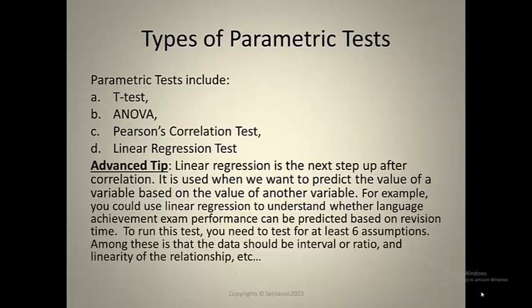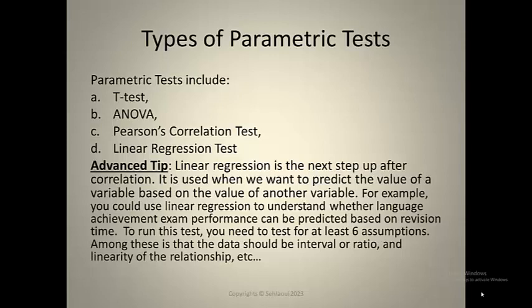And here's an advanced tip. When we deal with linear regression, which is the next step up after correlation, it is used when we want to predict the value of a variable based on the value of another variable or other variables. For example, you could use linear regression to understand whether language achievement exam performance can be predicted based on revision time.